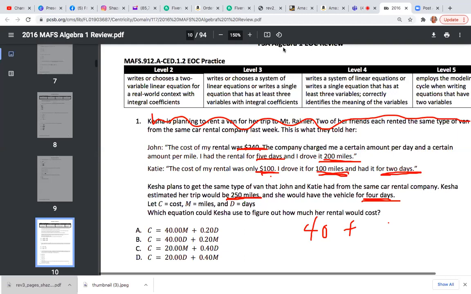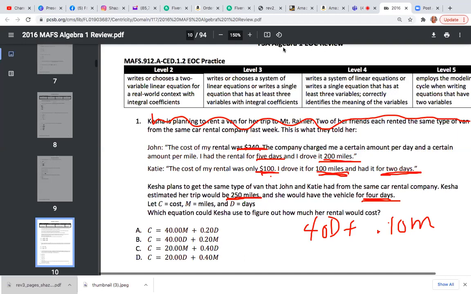So if you were to go for, let's say, 2 days, it would be 2 times 40 for the days, and then it's 10 cents per mile, guys. And if they're going to charge you 10 cents per mile, okay, you would take the number of miles, multiply it by the 10 cents, and then add it to the cost that they would charge you for the days.